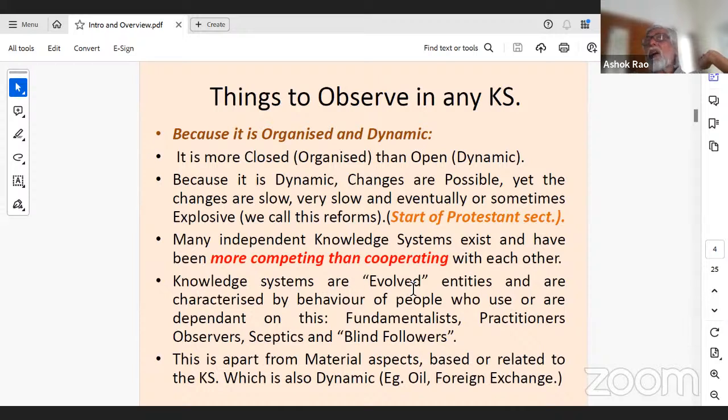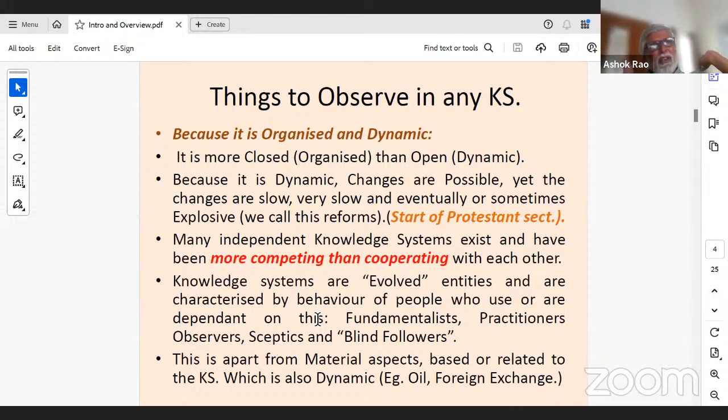Knowledge systems are evolved. So it is not that it happened yesterday. Okay. Knowledge systems are evolved entities and are characterized by behavior of people who use or are dependent on this. Okay. For example, the Ayurvedic medical system is little over 6,000 years. Earlier to that, it was there.